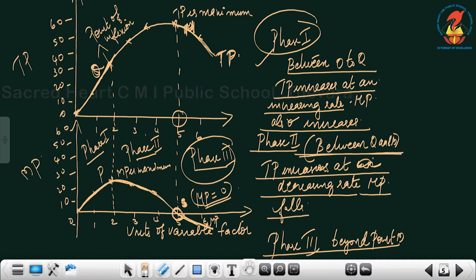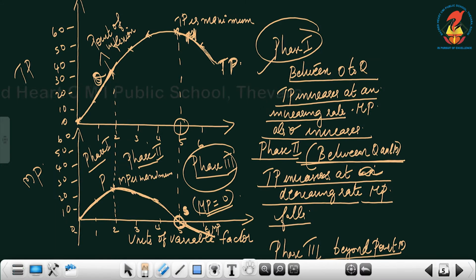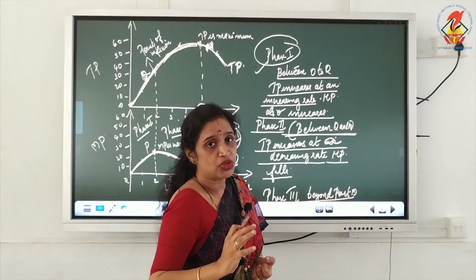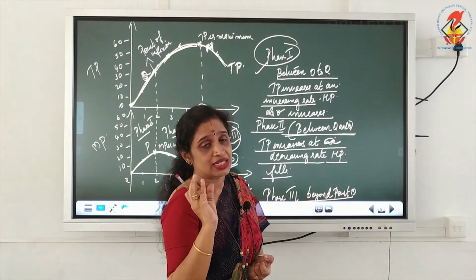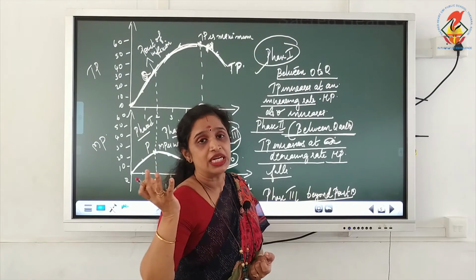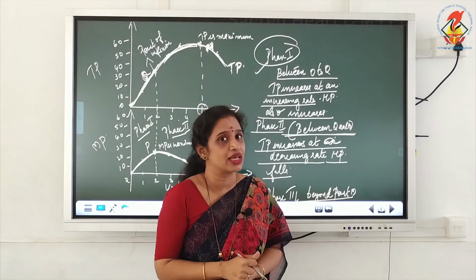Now, you can see this figure once again. From 0 to Q, TP increases at an increasing rate. From 0 to P, MP also increases. Between Q and M, TP increases but at a decreasing rate, whereas MP falls. Why is this happening? Because initially at the second unit of labor, TP is increasing at an increasing rate.